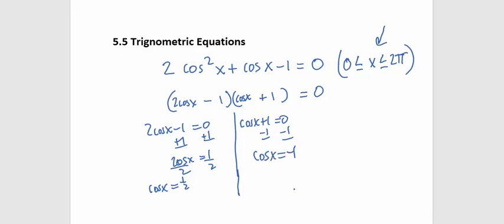Cosine of x is equal to -1. Alright, well let's look at our first solution here. So when is the cosine of x equal to 1/2? Well, that happens in two locations. That's going to happen at pi over 3, and it's going to happen again at 5 pi over 3.